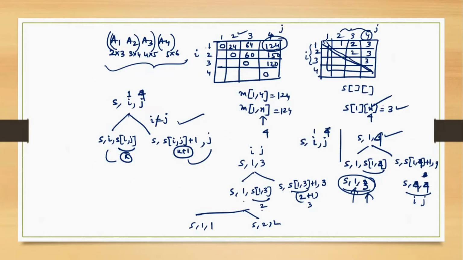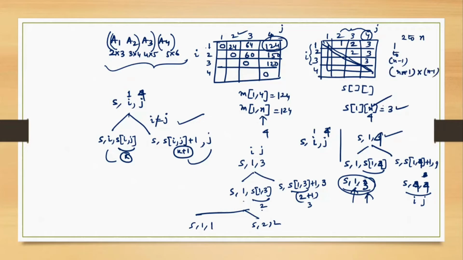And the first column is not at all used, only the second column to the fourth column. The second column to the fourth column actually means 2 to n, because n here is 4, the total number of matrices. And here it is 1 to 3, that is 1 to n minus 1. So 1 to n minus 1, total n minus 1 rows, and 2 to n, here also n minus 1 columns.